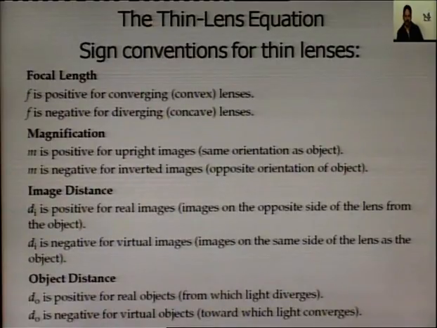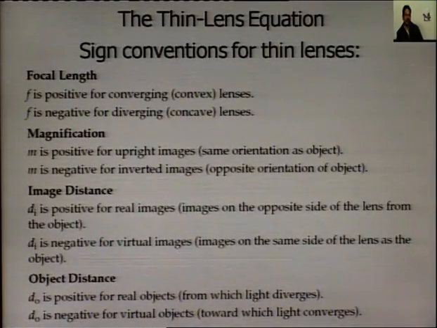Then magnification. Magnification m is positive for upright images, that is, the same orientation as the object, or you can say uninverted, erect images. For erect images, the object and image are on the same side of the principal axis, so the magnification will be positive. m is negative for inverted images.